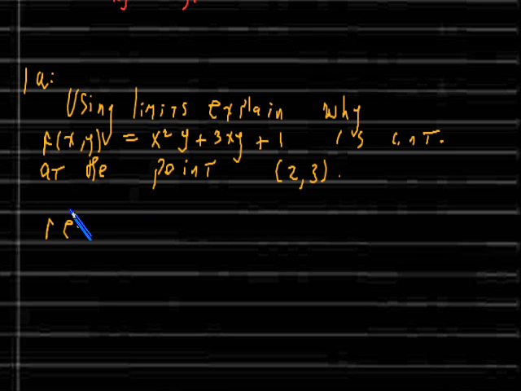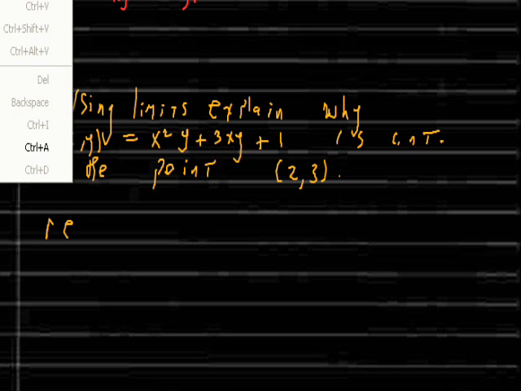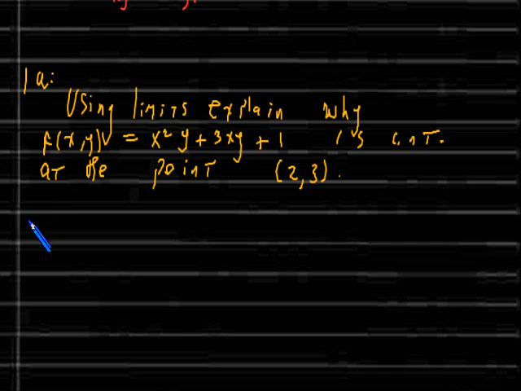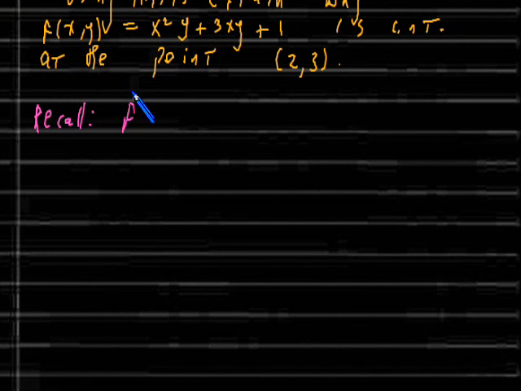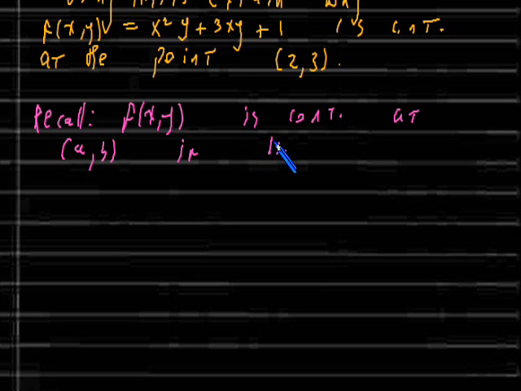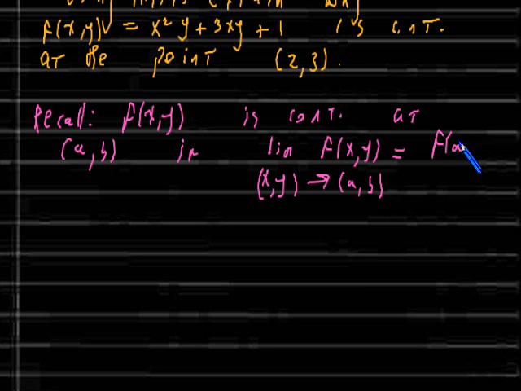So let me remind you, recall that f(x,y) is continuous at (a,b) if the limit of f(x,y) as (x,y) approaches (a,b) is equal to f(a,b).